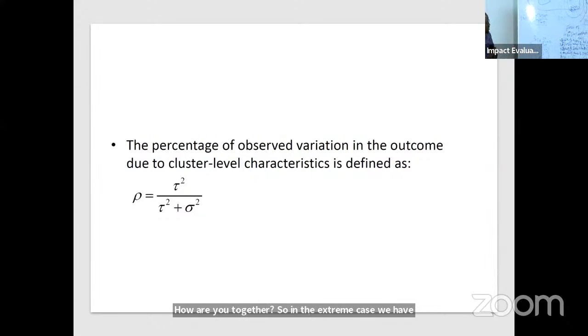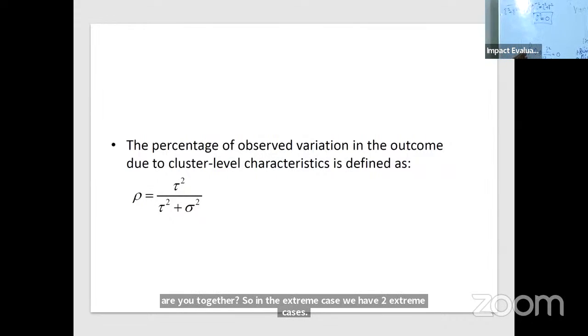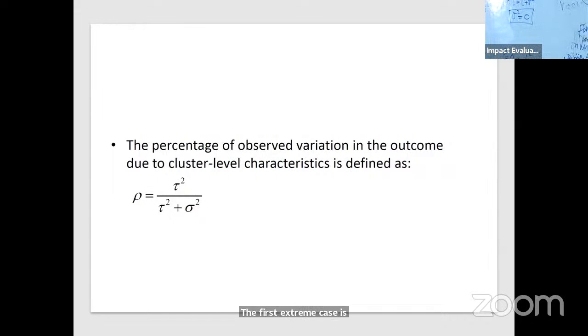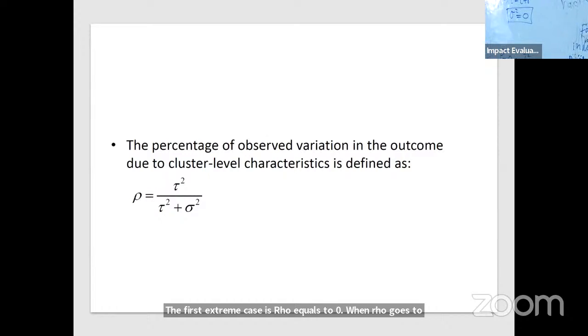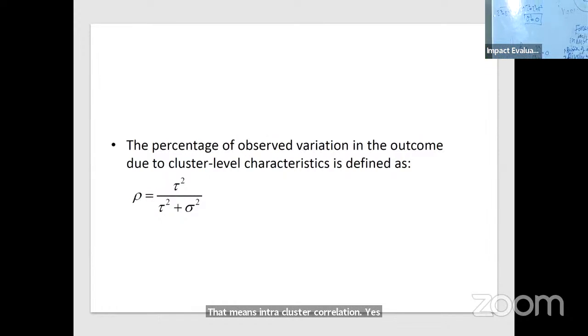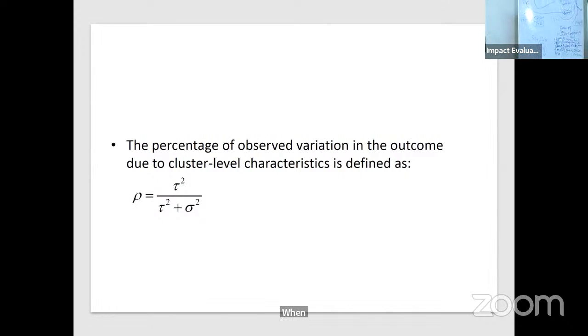So we have two extreme cases. The first extreme case is rho equals 0. When rho equals 0, that means intra-cluster correlation is 0. There's no relationship between one cluster and the other. That's what it means. When intra-cluster correlation is high and equals 1, what does it mean?